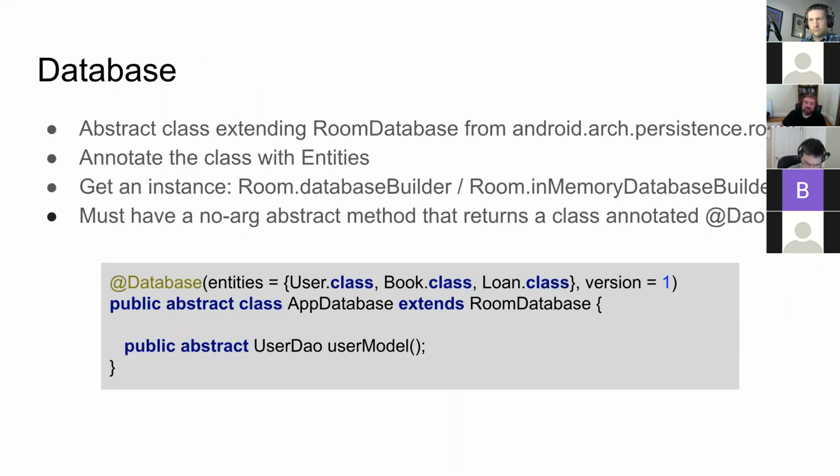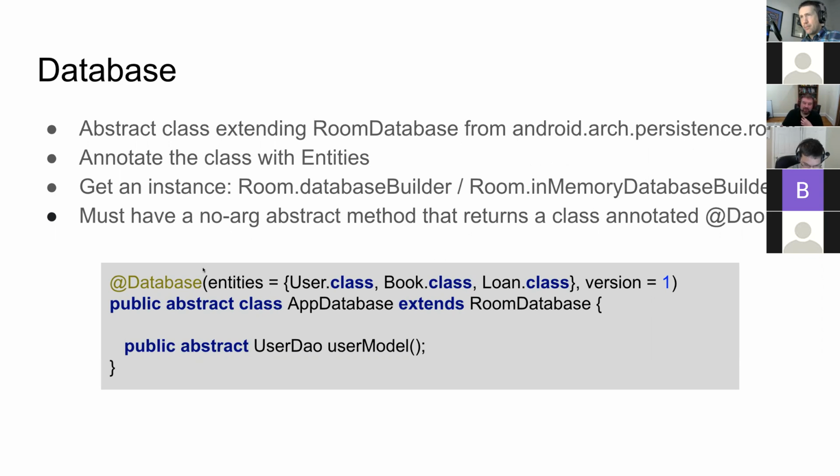Let's dig a little bit deeper, and we'll look at each component. The big component is the RoomDatabase. It's an abstract class. This is written wrong, but the database is a class that you write that extends the RoomDatabase, which is in this package.